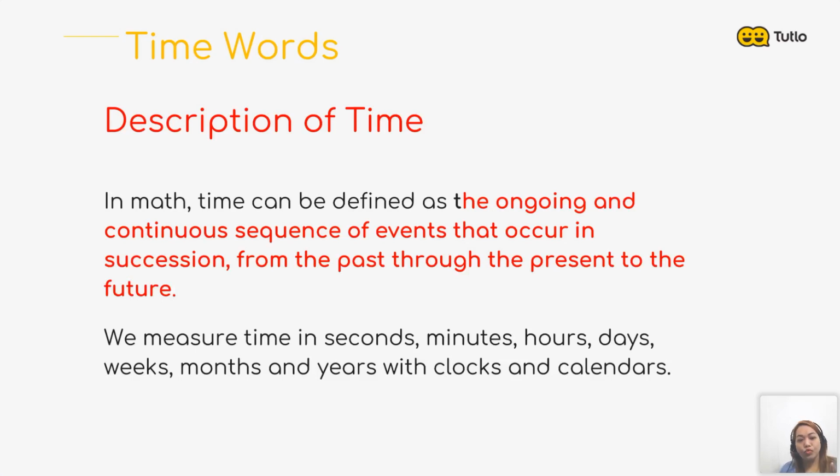Time is used to quantify. Let me use that word, okay? To quantify, to measure or compare the duration of events or the intervals between them and even sequence events, okay?